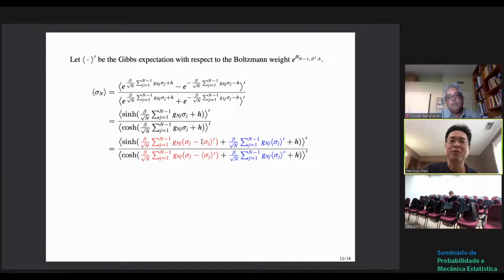This is hard to see from here, but when you compute the covariance of these two, in the end you get just the overlap minus the overlap. And we know the overlap is concentrated around a constant q, so the correlation is equal to 0.